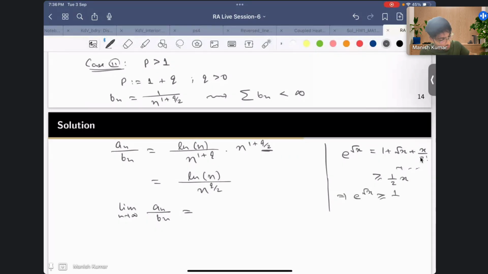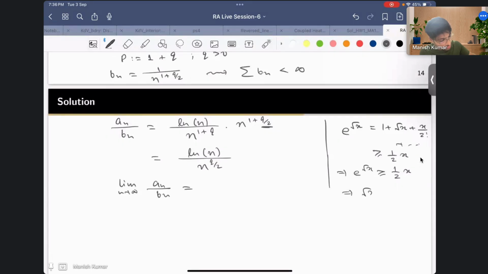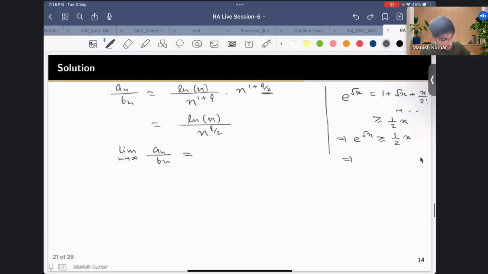Now if I take the log, I'll get root x is greater than or equal to log x minus log 2, right?